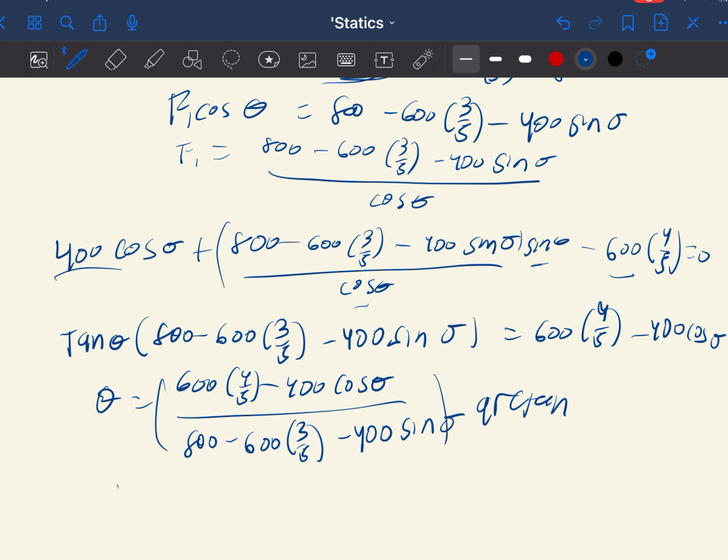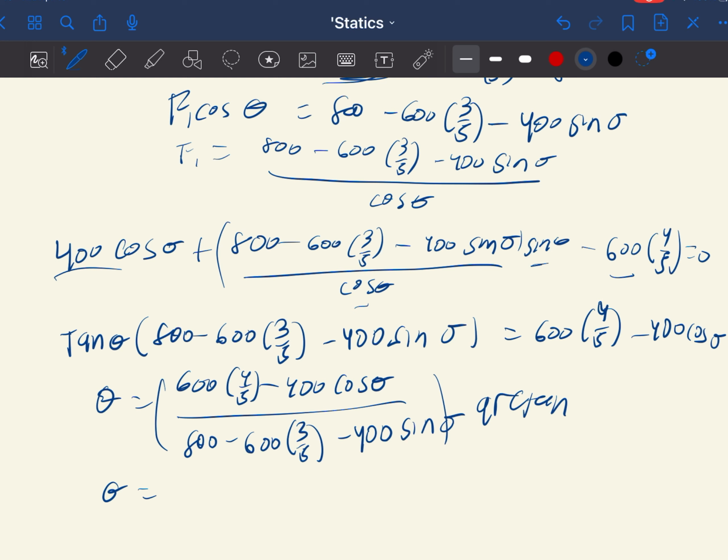And so let's go ahead and calculate that out. What do we get as our angle theta? So we'll do 600 times 4 divided by 5. That is 480. And then 400 times cosine of 30. That's 346. So we're going to have 480 minus 346. That's 133.